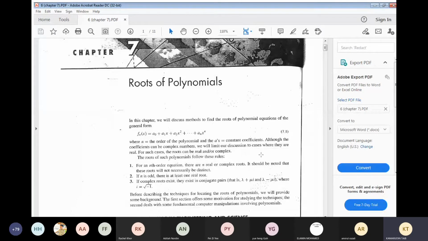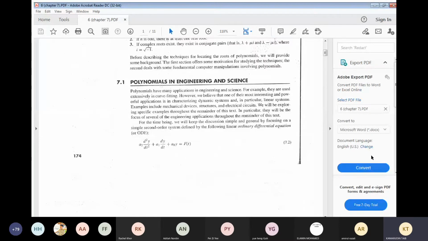That means the roots can be distinct, different from each other, or they can be repeated roots. Repeated means the root is the same. If n is odd, then there is at least one real root. If complex roots exist, they exist in conjugate pairs. That means lambda plus mu i and lambda minus mu i, where i is the square root of minus 1.